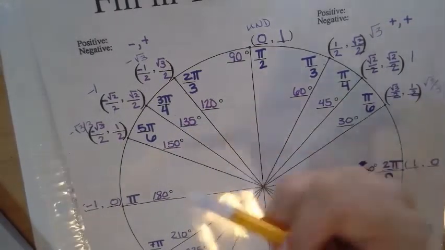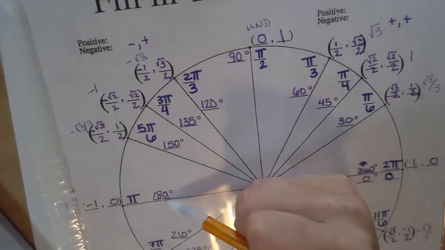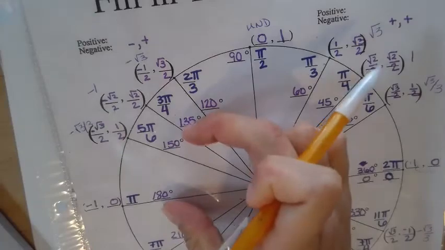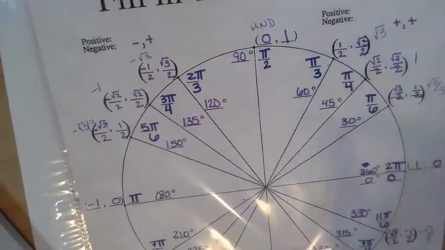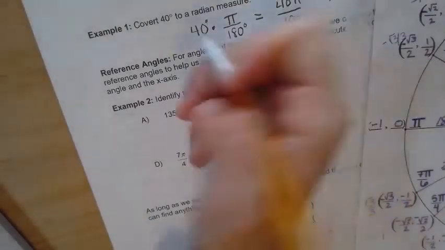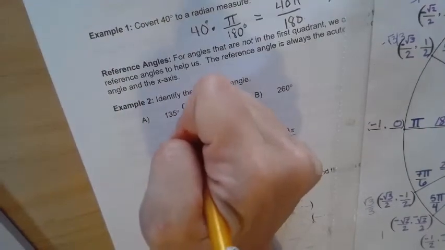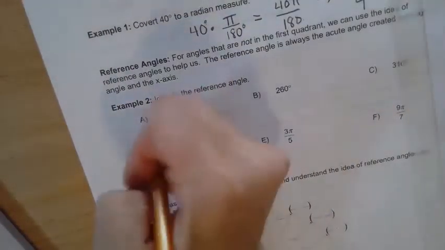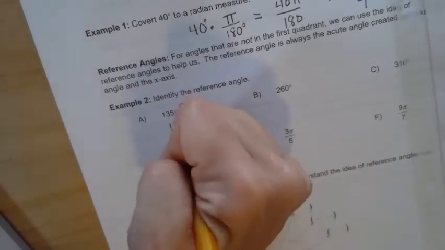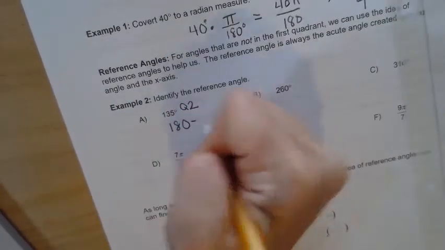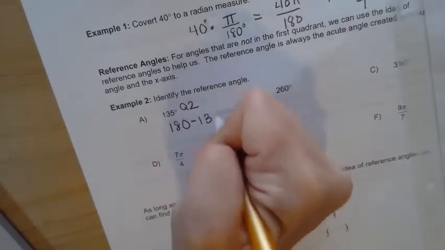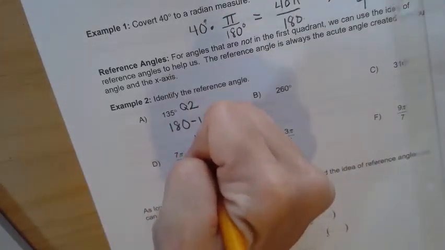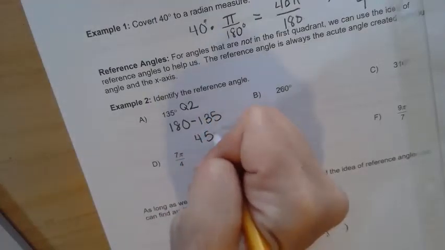If you look, we can take 180 minus our angle, and that gives us a 45 degree angle. So I see that 135 was in quadrant 2. So anytime you have anything in quadrant 2, we're going to take 180 and we're going to subtract the angle that we were given. So the reference angle is going to be 45 degrees.